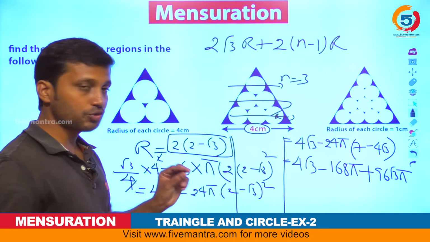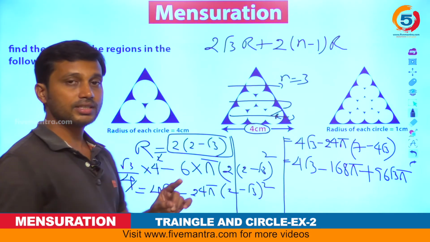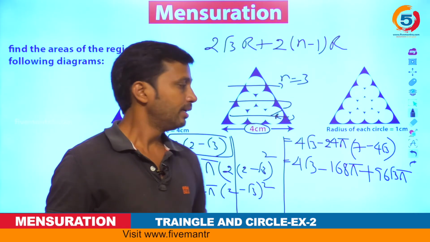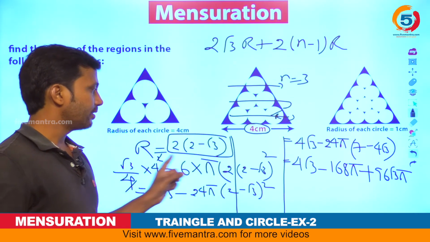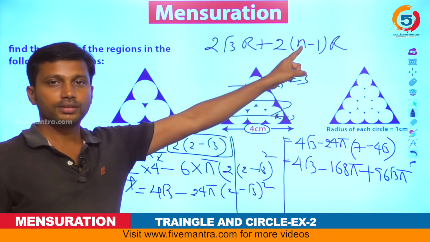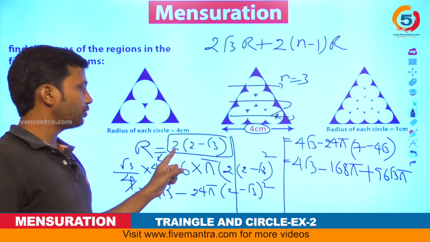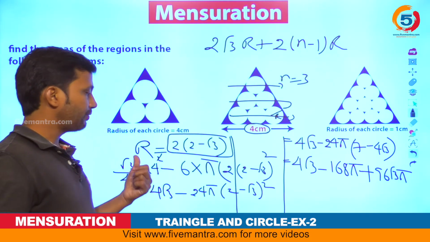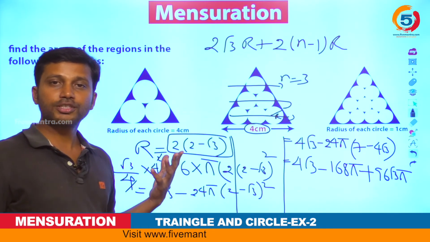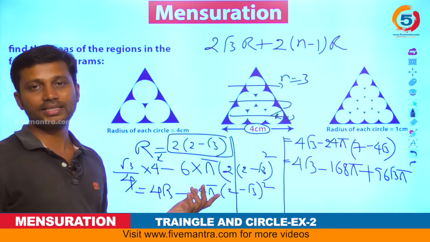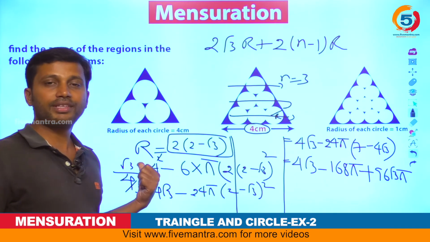So once again, a small repetition because some of the students may not understand. We find r by using this shortcut: the radius value is 2 into (2 minus root 3). After that, we have to subtract the 6 circle areas from the area of the equilateral triangle.